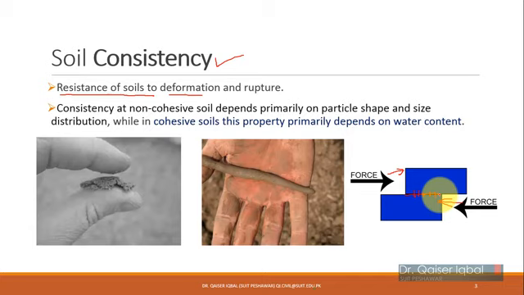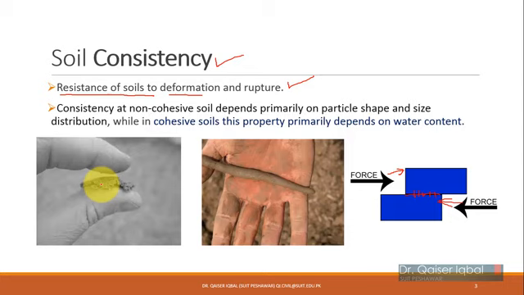In case of soil, because the shear strength or shear resistance is the primary resistance which prevents the deformation or rupture of a soil, consistency is defined as this resistance, the resistance of soil towards deformation. If you take sand in your hand and just pinch it, it will give you some resistance. If you take water, it will not give you any resistance. This small resistance offered by this piece of sand is basically its consistency.